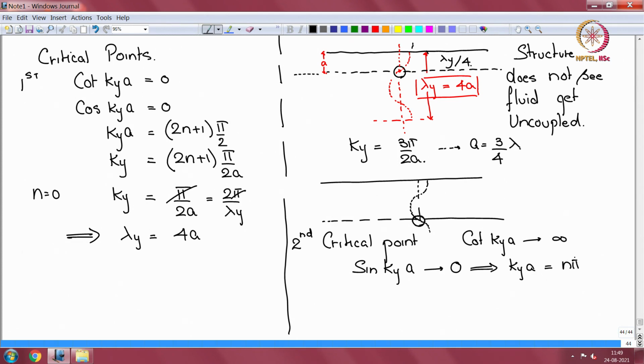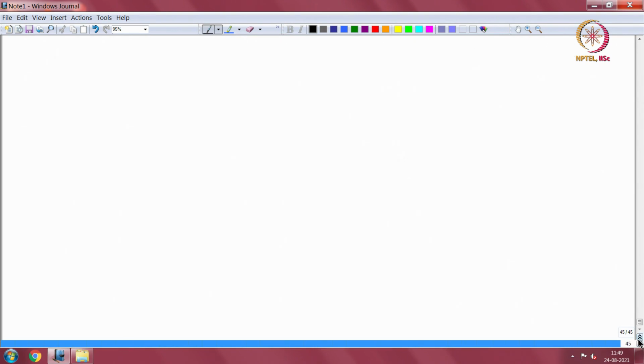So let us take the first one, which is kya equal to pi, or ky equal to pi by a. So ky is equal to pi by a, which is equal to twice pi by lambda y, which implies lambda y is equal to twice a.